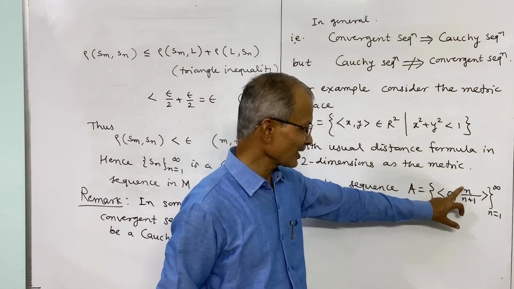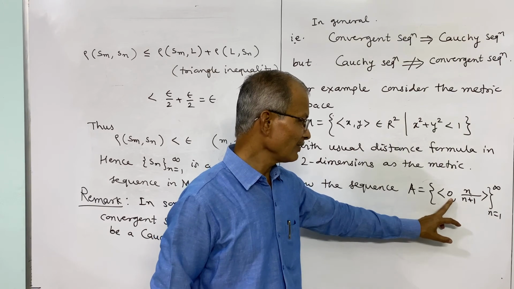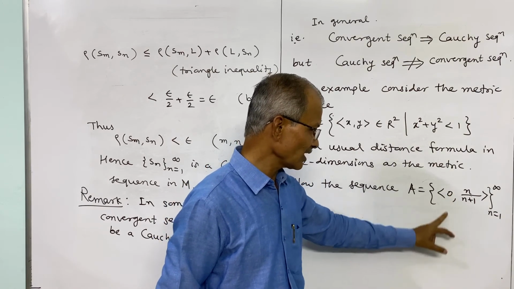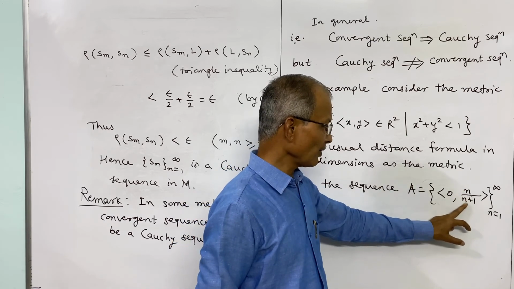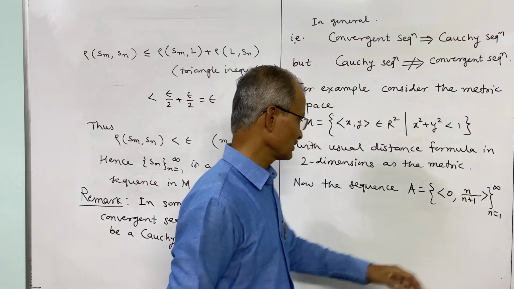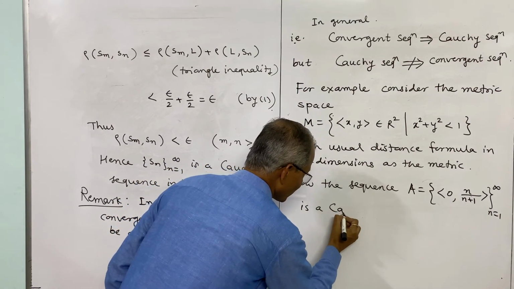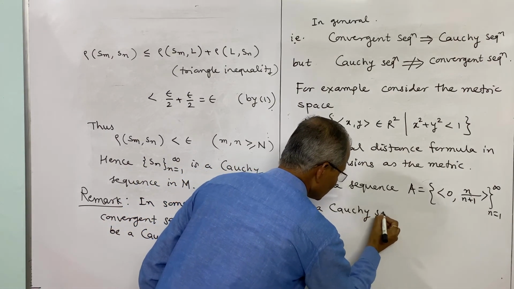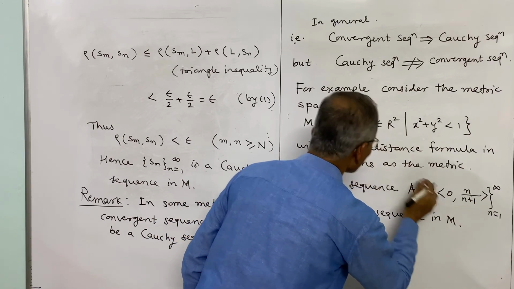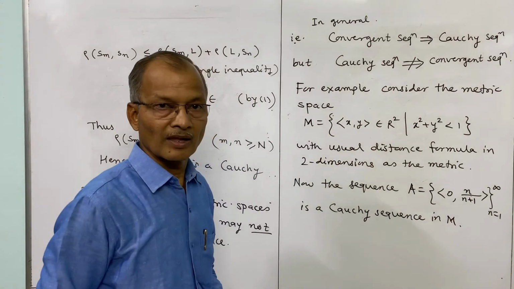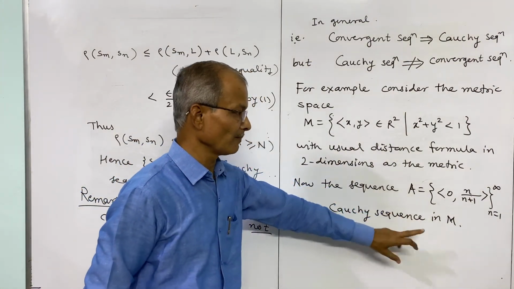You may observe that the first component is fixed to be 0, and n divided by n plus 1 approaches 1, so it is a Cauchy sequence in this metric space M, but it does not converge in M.